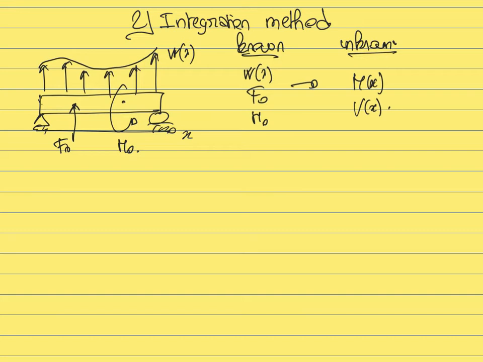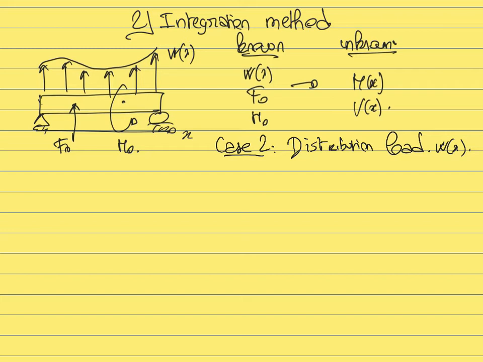So now let's consider the second case, which is where there is a distributed load. We are still at a position where there is no concentrated force or concentrated moment, but there is a distributed load W that is not zero.